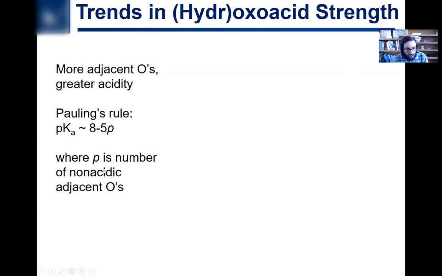So p is the number of non-acidic adjacent oxygens. If you have more oxygens, and oxygen is electronegative, this pKa value is going to go down because of 8 minus 5p. And so down pKa means more acidic. So more non-acidic adjacent oxygens make that acidic proton more acidic.